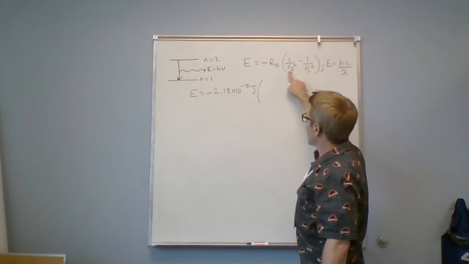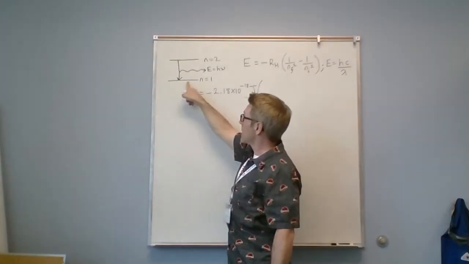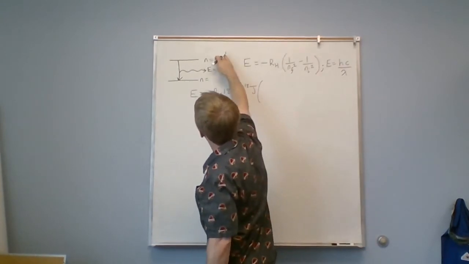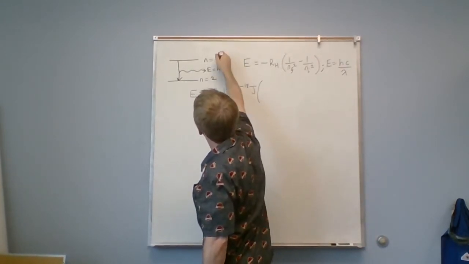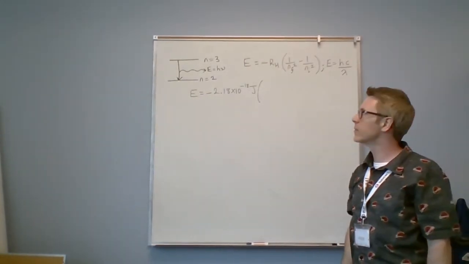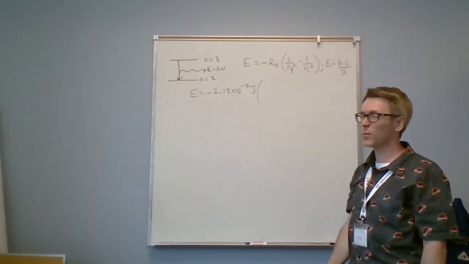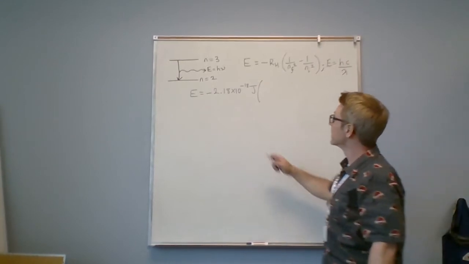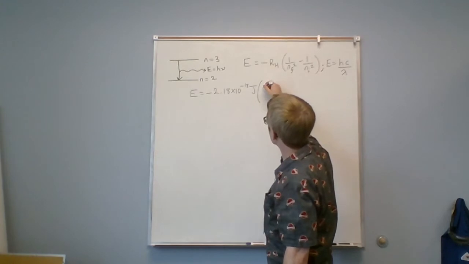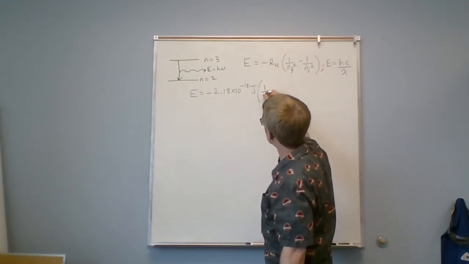The final n is n equals 1. Actually, I don't want that. I want 2 and 3. I could have calculated 2 and 1, but I really wanted 3 and 2. So let's say my final value is 2, so I've got 1 over 2 squared.